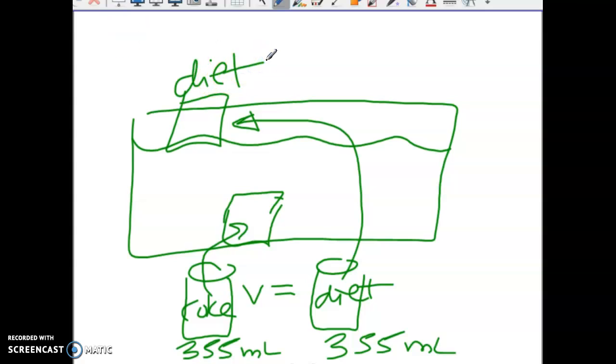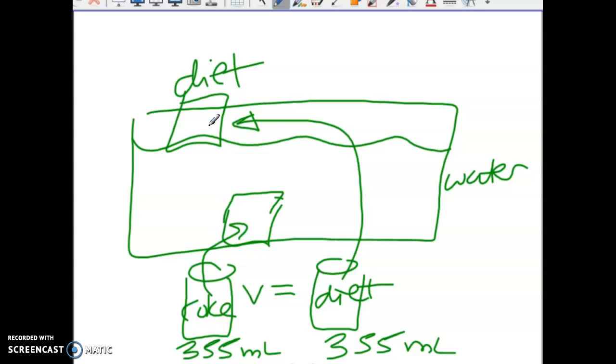Okay, so looking at buoyancy, I know in elementary school you do discuss buoyancy, but what this basically means is regular Coke is more dense than water, and Diet Coke is less dense than water.